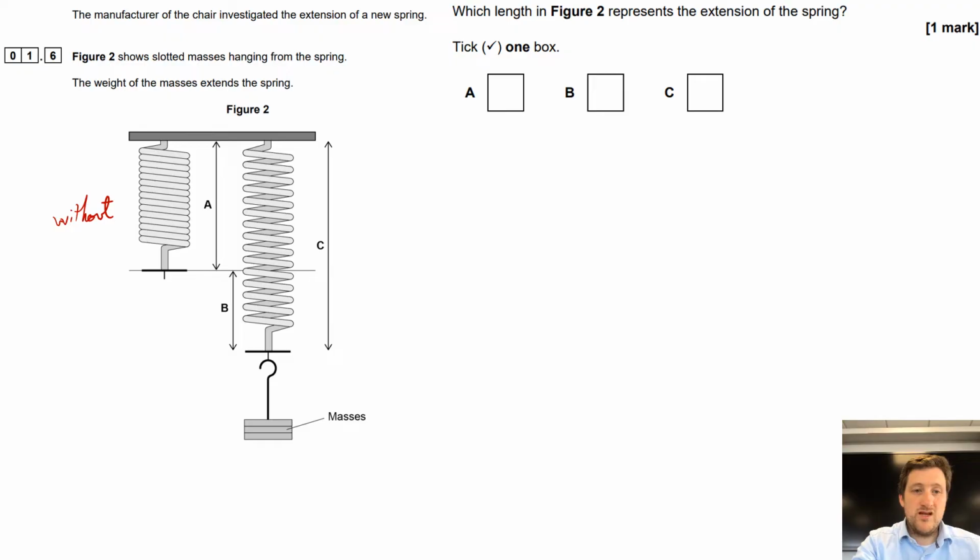And then if we look at B, this is the difference, because C is with a weight. So if we do C take away A, that's going to equal B, which is that difference. And when it asks which length represents the extension, well, the difference is the extension. So that's going to be B.